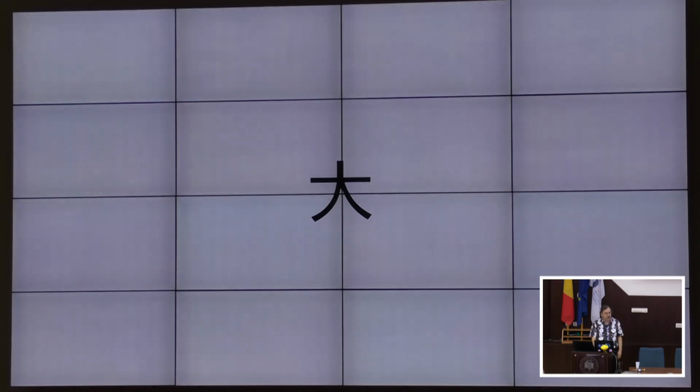Here's a simple radical that means big. I first became interested in learning Japanese the first time I went to Kyoto in 2001 at a conference there. It's the first time I met Mats too. And so on the side of the hill there, they have this character on the side of the hill.